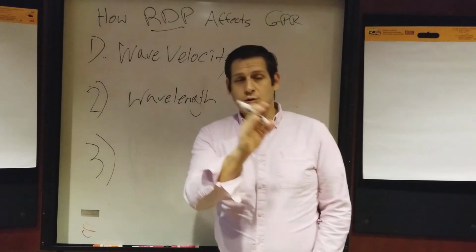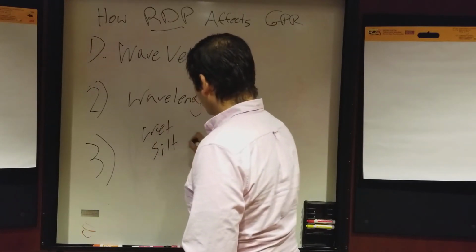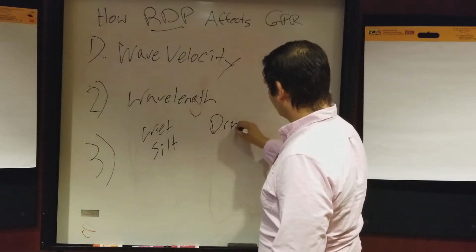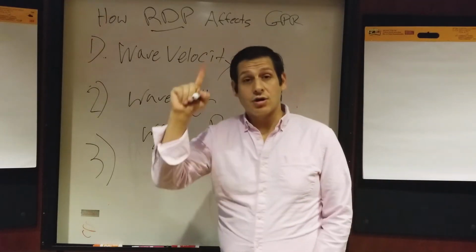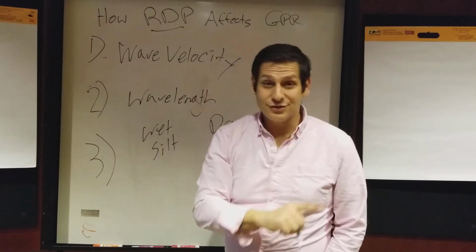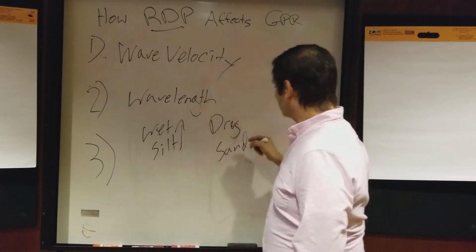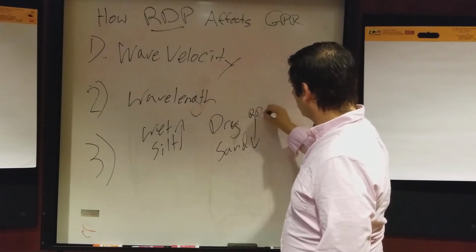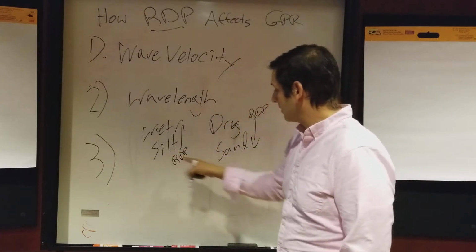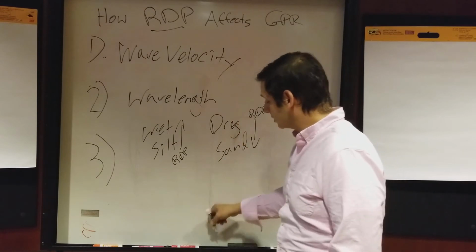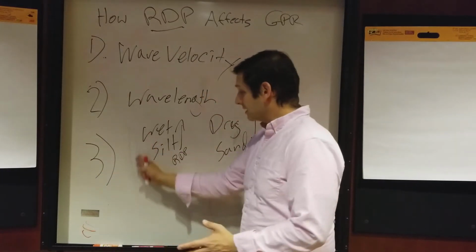Now, which one of those two, wet silt or dry sand, has a higher RDP? Well, if you rewound the video to find out, this one has a higher RDP, and this one has a lower RDP. Now, question is, which one has the same antenna? You take a 400 megahertz antenna, you push it over wet silt.